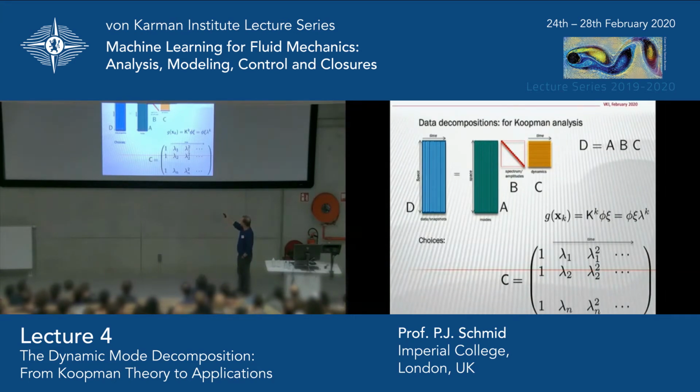Lambda 2 is lambda 1 squared, then cubed, and so on, as I step along. This is the magic of using the eigenfunctions of the Koopman operator: the eigenvalues just power out the more often I apply it to step from one time step to the next. So my C matrix has this shape. This is my final constraint that nails or should nail it down.